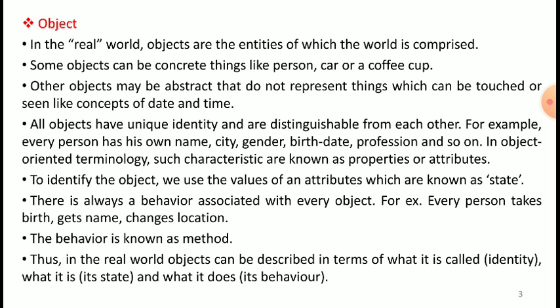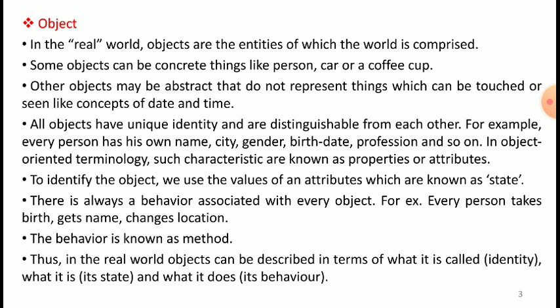To uniquely distinguish one person from another, we use the values of these characteristics. The names Ram and Shyam specify two different persons. When two persons have the same name, they may be distinguished using other attributes like birth date. In this way, to identify objects we use the values of these attributes. These values are called the state. Additionally, there is a behavior associated with objects.